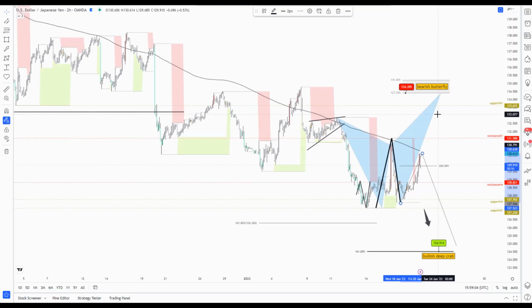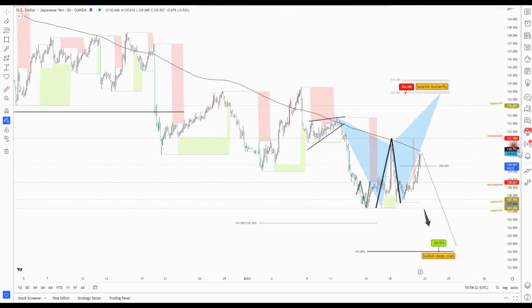But if there is a pattern to trade in that direction, we rely on those patterns' default targets and default expectations. So everything that I will show you here for the Japanese yen pairs, for now, is pure speculation.